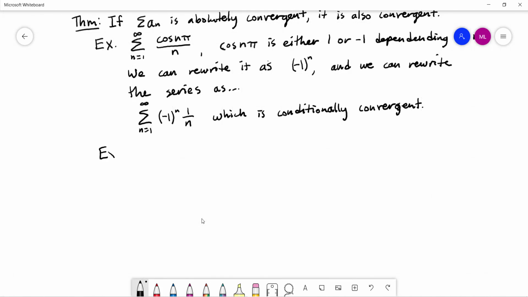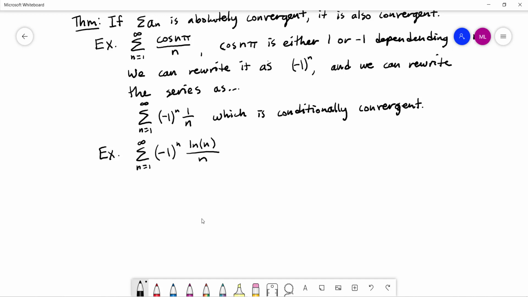Look at another quick example. We could do the sum from n equals 1 to infinity of maybe -1 to the n times the log of n over n. So how does that thing behave?